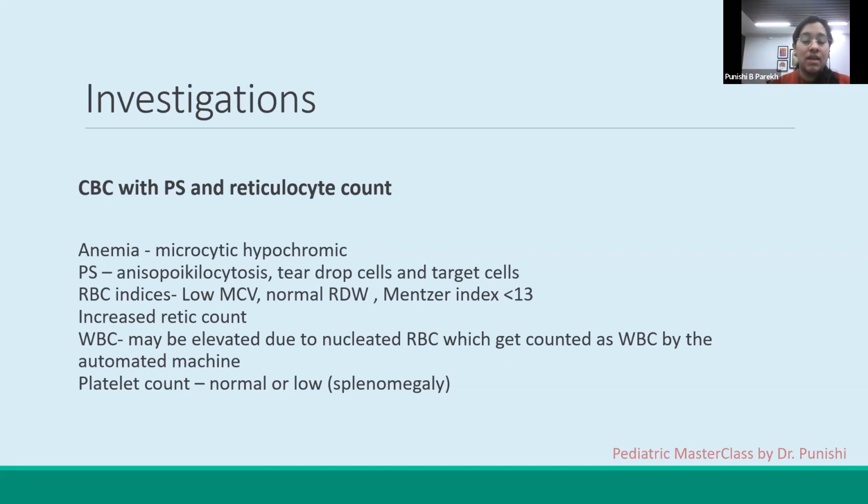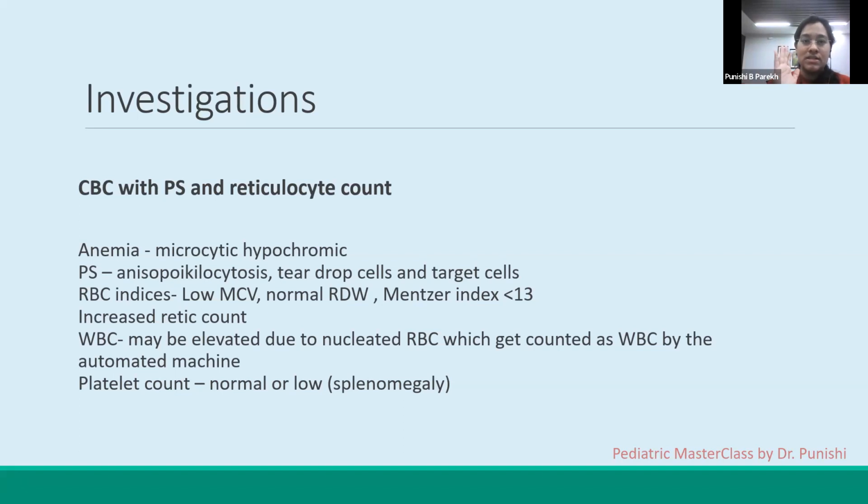One more interesting thing that you will see in a CBC of a thalassemia is, it's very important to look for the WBC count. Now, many times you will have a WBC as high as 50,000, 70,000, even 1 lakh. Whenever you look at the WBC, along with the total WBC count, always look for nucleated RBCs.